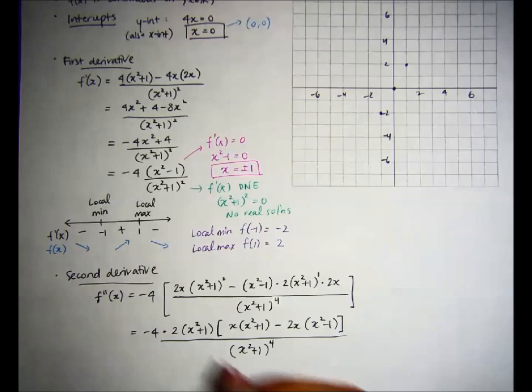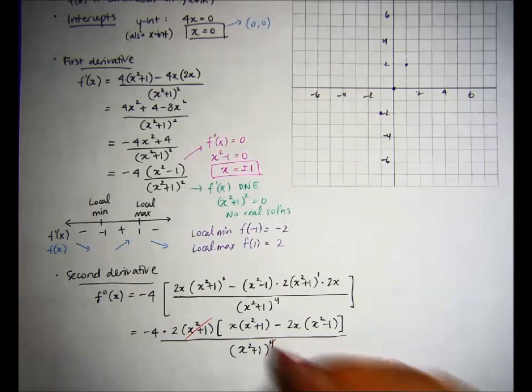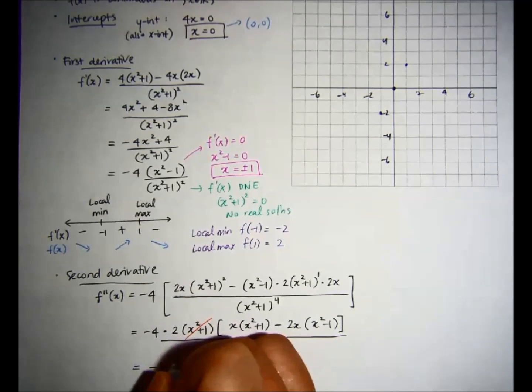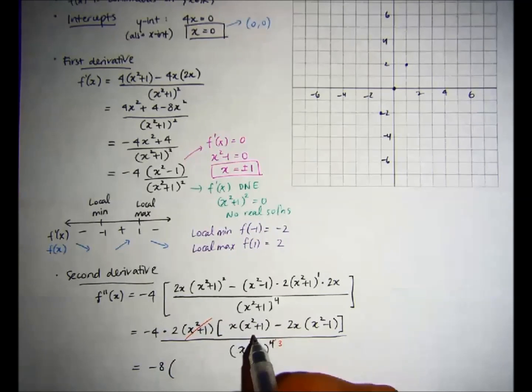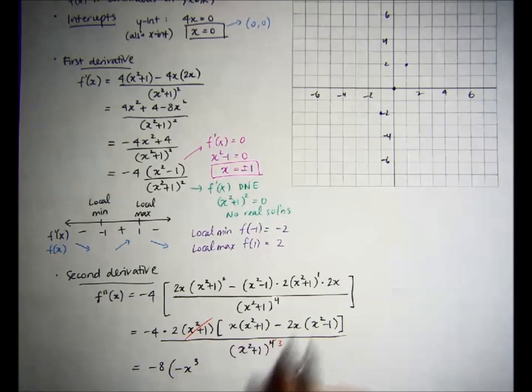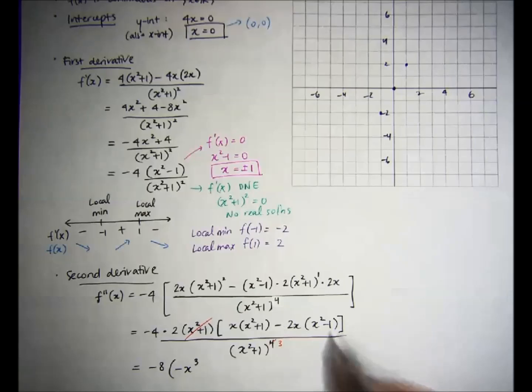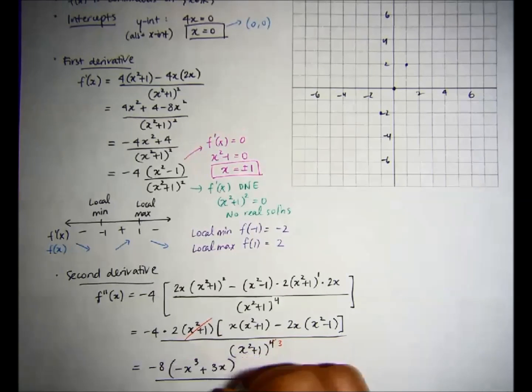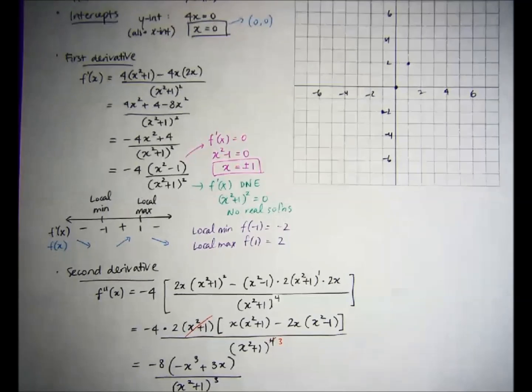And now we can cancel out x squared plus 1 with one of the x squared plus 1s in the denominator there. And then when we simplify this numerator, we will get inside x cubed minus 2x cubed, so negative x cubed, and then x plus 2x, so that's plus 3x, over x squared plus 1 to the exponent of 3.